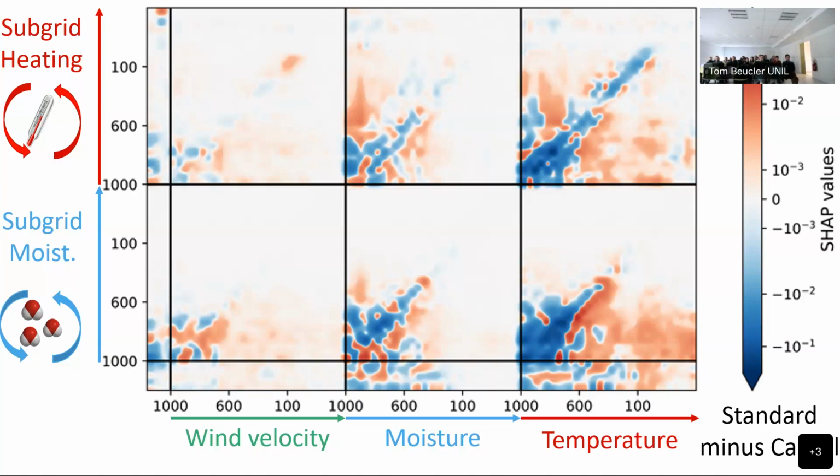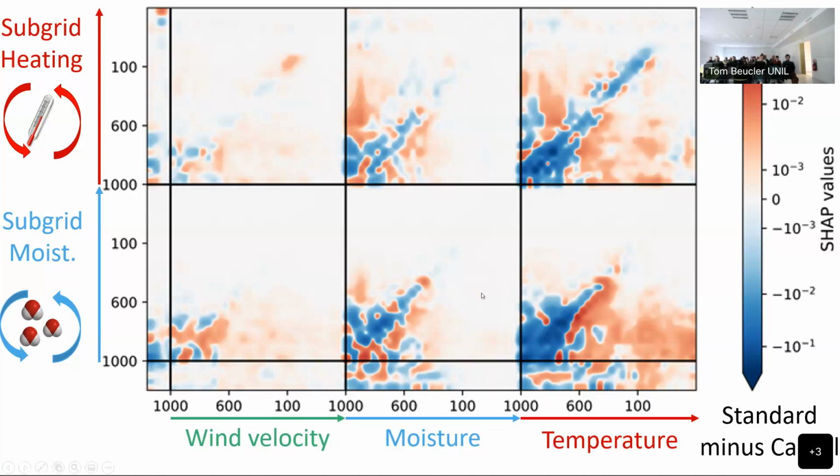So I think Nando used the same kind of nonlinear recipe I used in the climate invariant paper, and he subtracted these nonlinear influence matrices. He did standard case minus causal case.